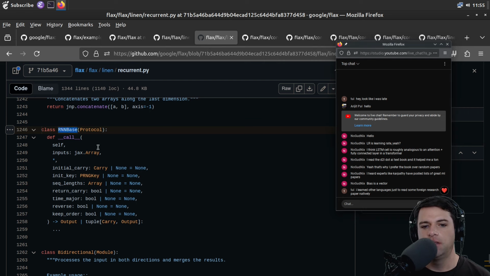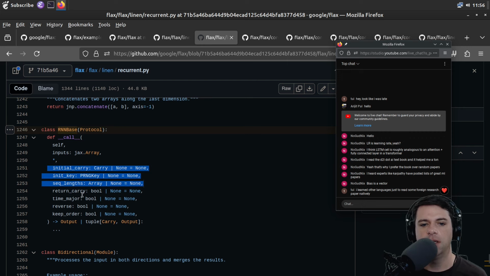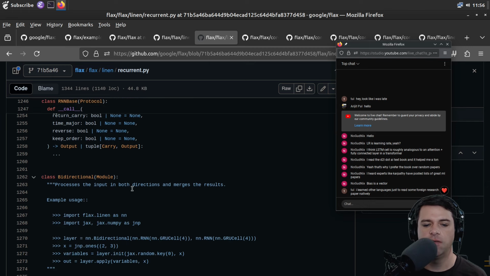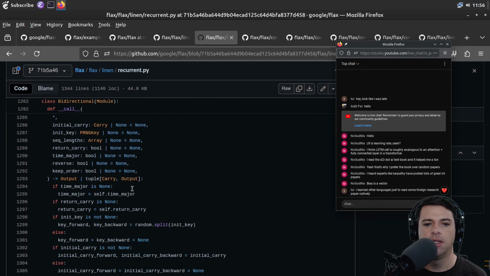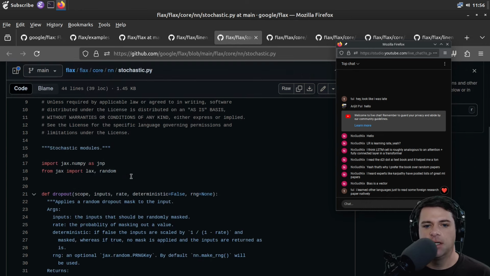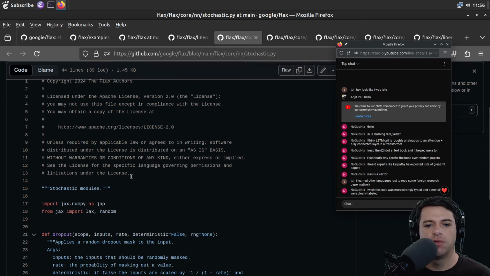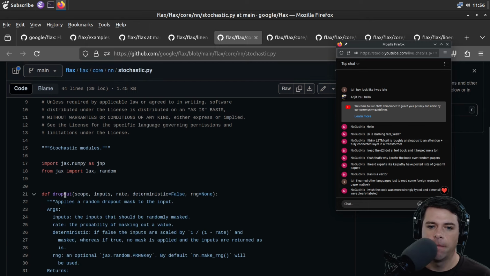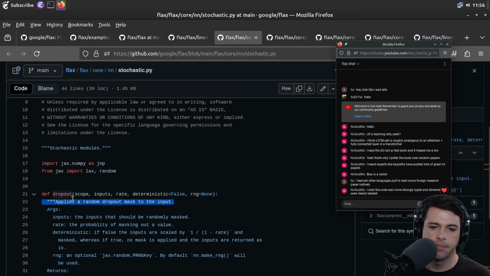The RNN base. We've got an initial carry, some init key, some length, return carry. I don't know if this is supposed to be a cell or what. Anyway, we're going to move on from this Linen thing. Now we're back in Flax core. Here's stochastic. I think this is maybe some sort of stochastic neural network. We've got dropout, which applies the dropout mask to the input.